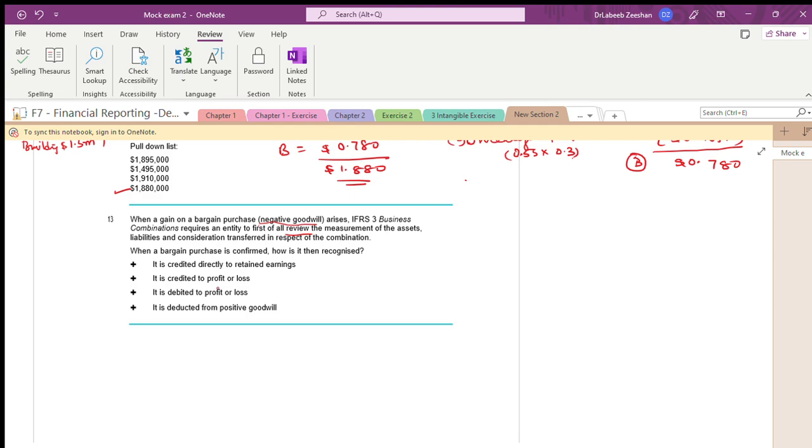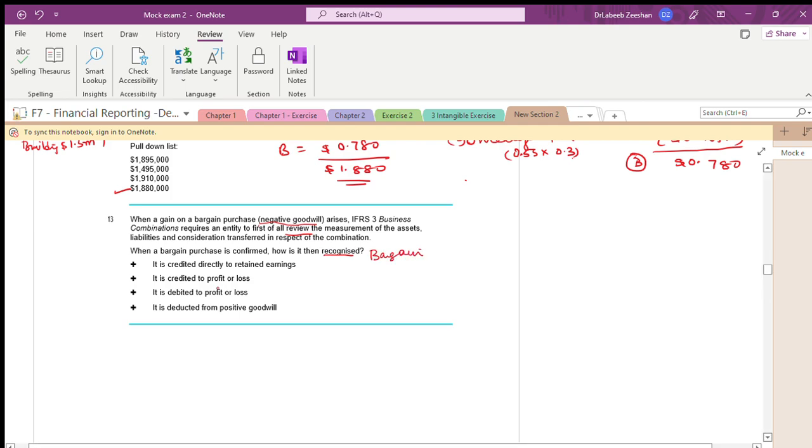When a bargain purchase is confirmed, how is it going to be recognized? See what happens. Bargain purchase, is it right?